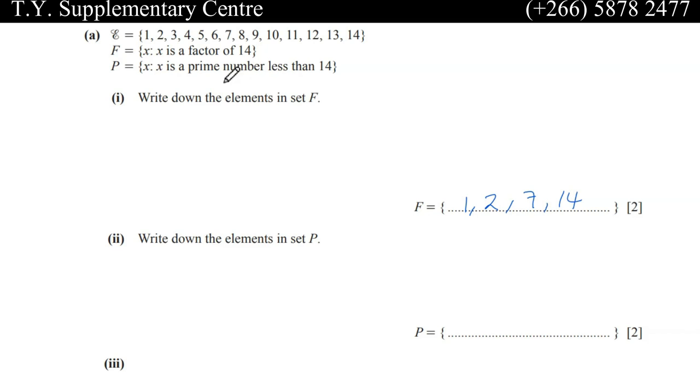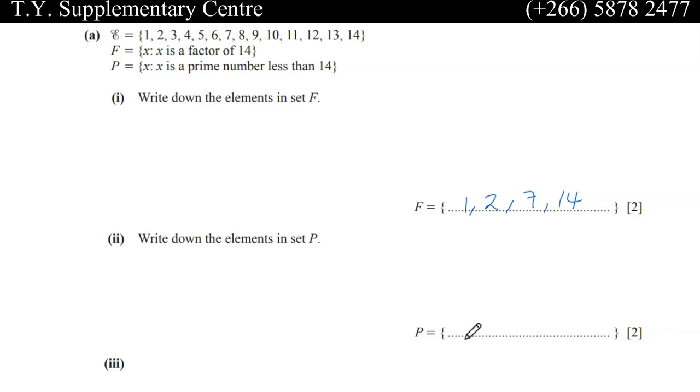Remember, a prime number is a number whose factors are only 1 and itself, or numbers which can be divided only by 1 and the number itself.